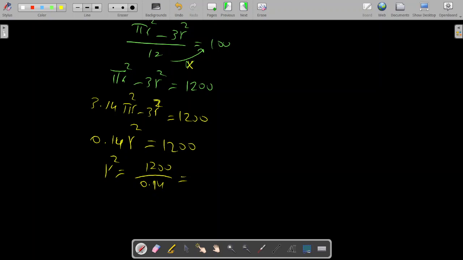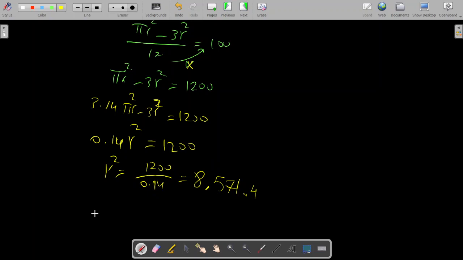I'm going to double check the value that I have in front of me. 1,200 divided by 0.14 is going to be equal to 8,571.4.